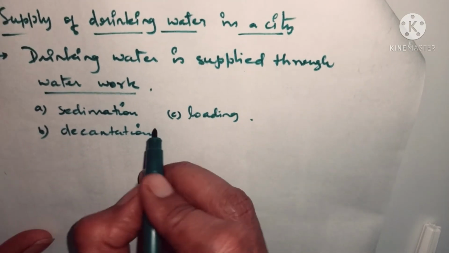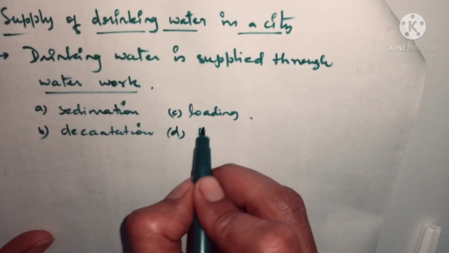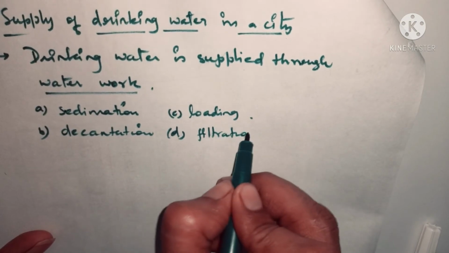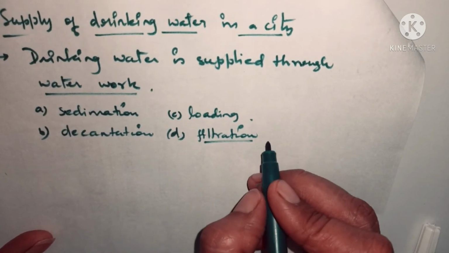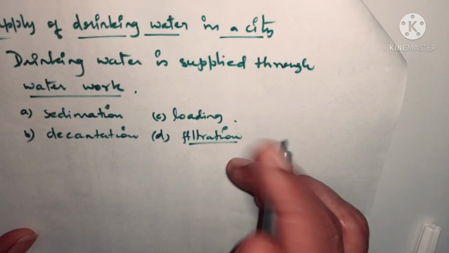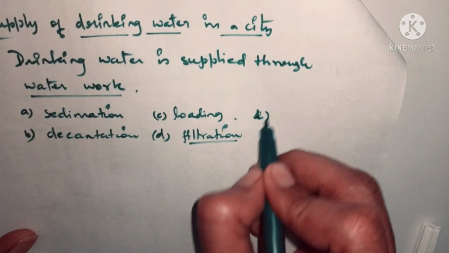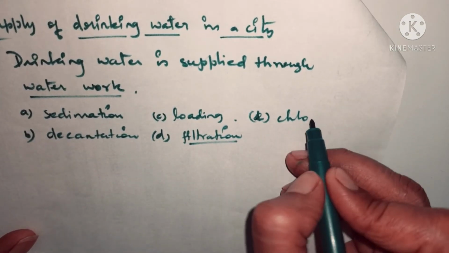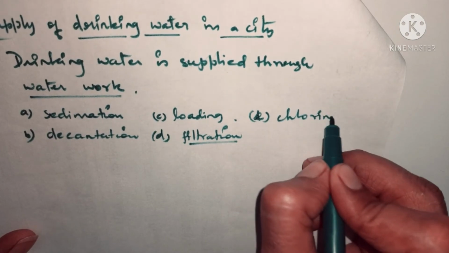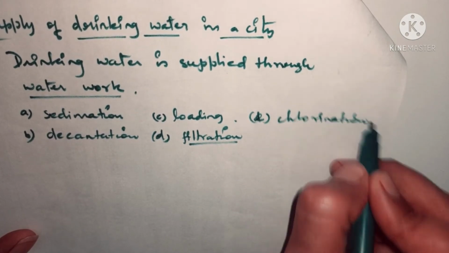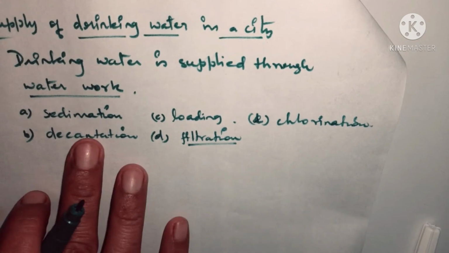And filtration, which is used at a large scale in this process. And the very last process is chlorination. Chlorination is the killing of the germs. So we have these 5 steps.